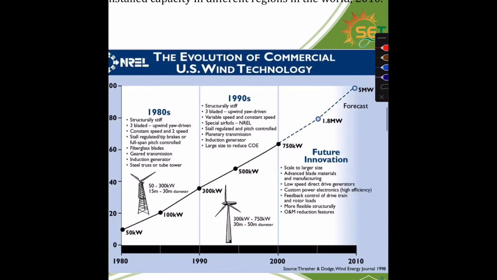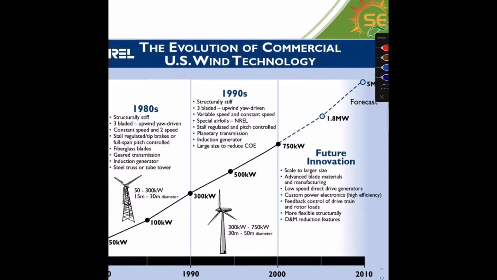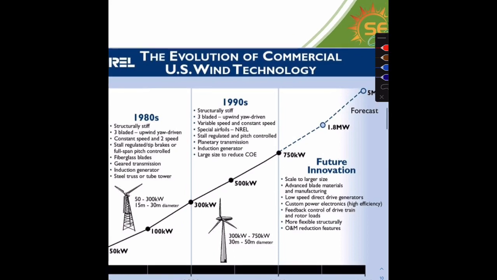Here between 1990 and 2000, we had a better looking, more efficient turbine that had structurally stiff 3-bladed upwind yaw driven, variable speed and constant speed, special airfoils, stall regulated and pitch controlled, planetary transmission, induction generator, large size to reduce COE.